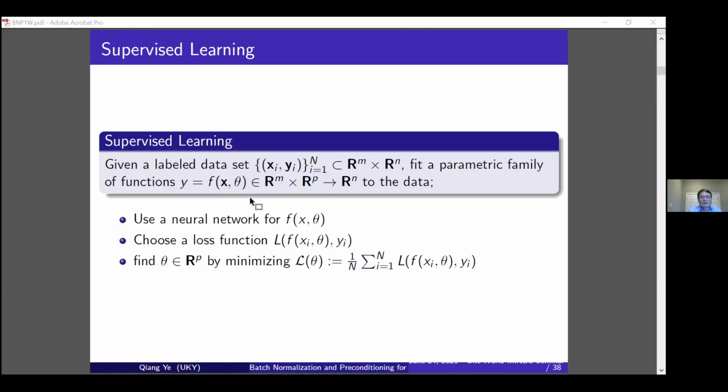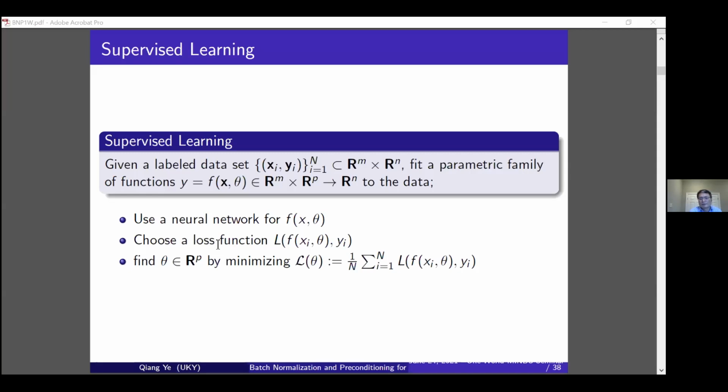Okay. To solve this problem typically involves three steps. First, we need to choose a parametric family of functions. Classical linear regression uses linear functions or things like that. In deep learning, we use deep neural networks for f of x theta.